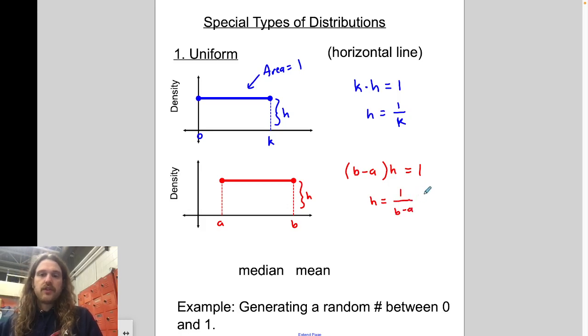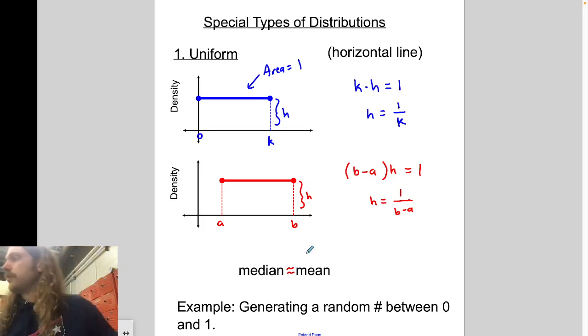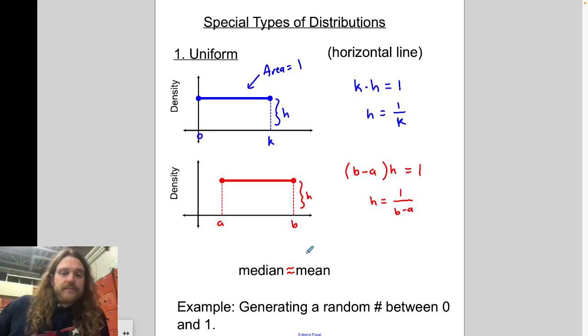And since uniform distributions are symmetric, that would mean that the mean is approximately equal to the median once you calculate your distribution. Okay, perfect, great. This is the uniform distribution.